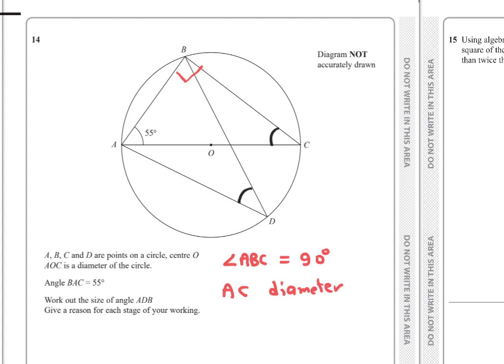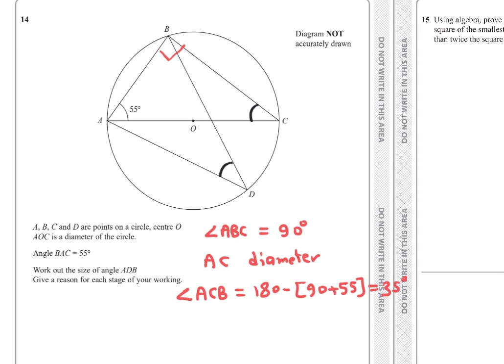Now you can find angle ACB. Angle ACB equals 180 minus 90 plus 55, which equals 35, because the sum of the interior angles of a triangle equals 180.